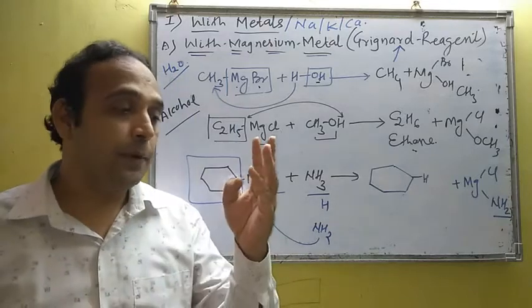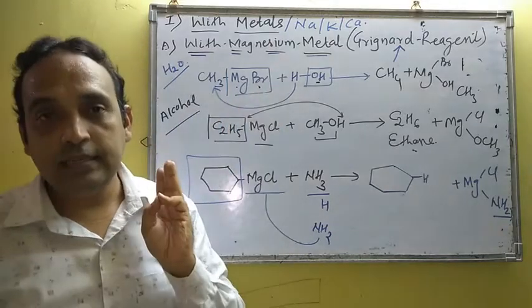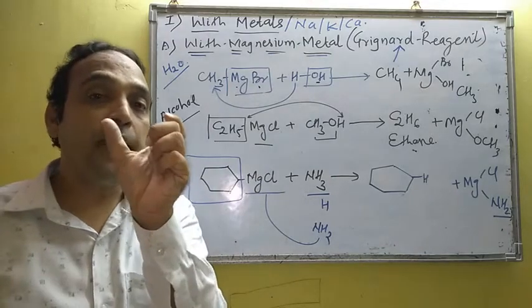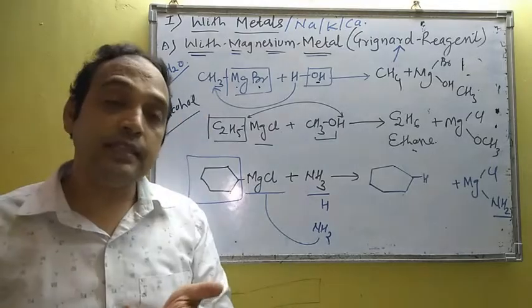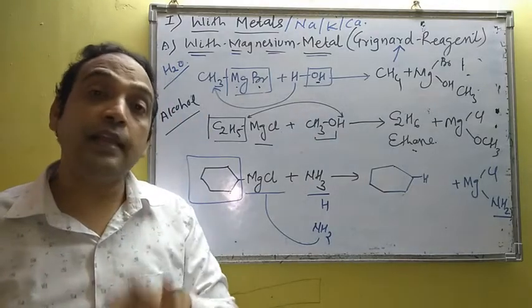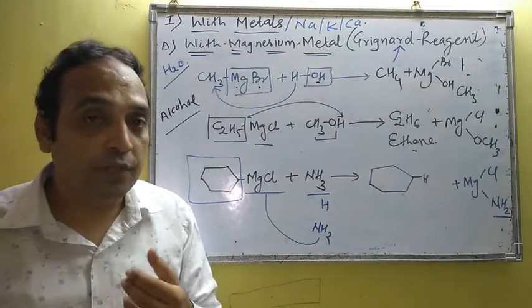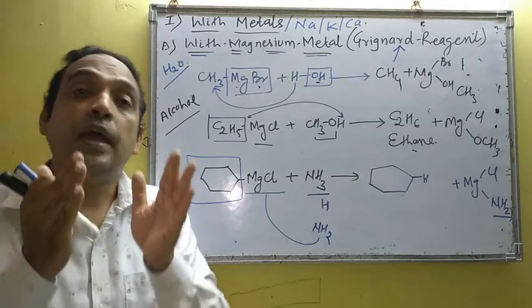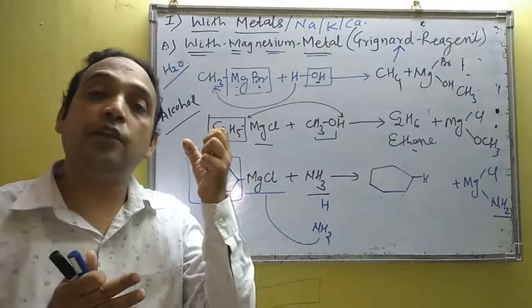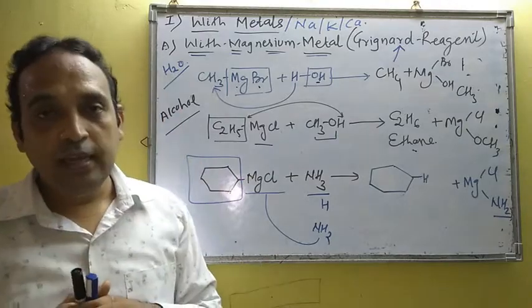So try to remember what is Grignard reagent? Alkyl magnesium halide. Second point, what is a carbon-magnesium bond? It is a polar covalent bond, in which the carbon acts as a nucleophile in Grignard reagent. And why will carbon be the nucleophile in Grignard reagent? Because magnesium metal is highly electropositive, and that's why carbon pulls the electron towards itself and acquires a partial negative charge.